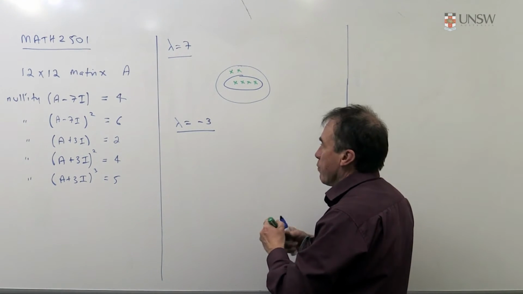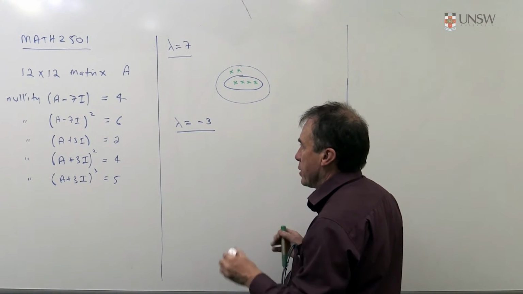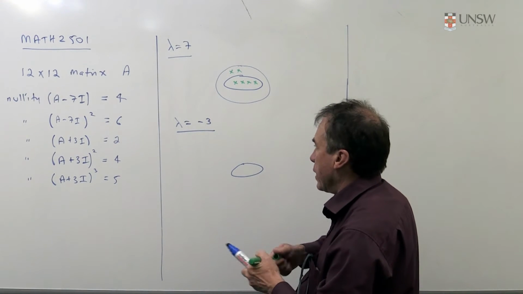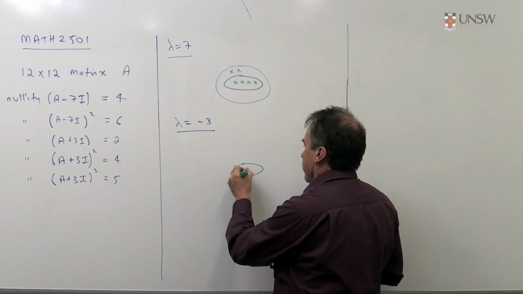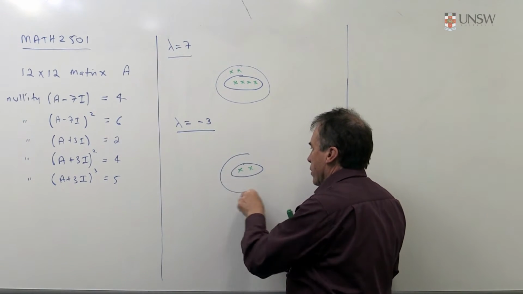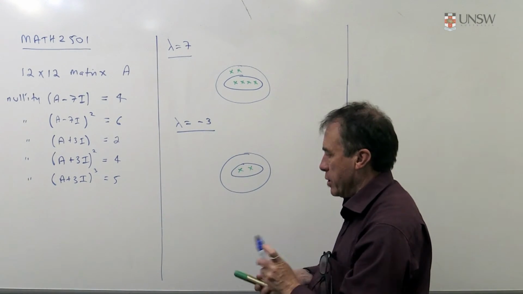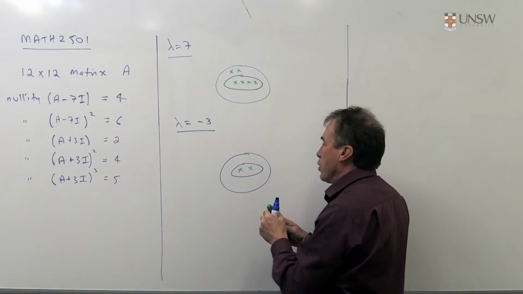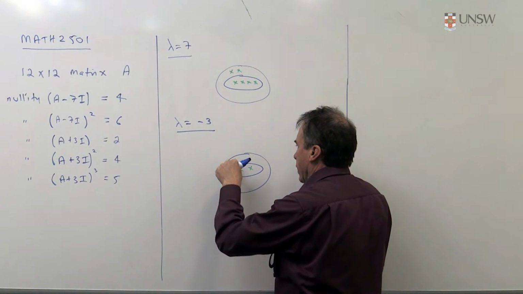Now I'll do the same thing for lambda equals minus 3. So the innermost kernel gives the eigenvectors, and I've got 2 of those. I go to the next kernel out, that's the kernel of A plus 3I squared, and the dimension bumps up now to 4, so I'm picking up 2 more generalised eigenvectors.